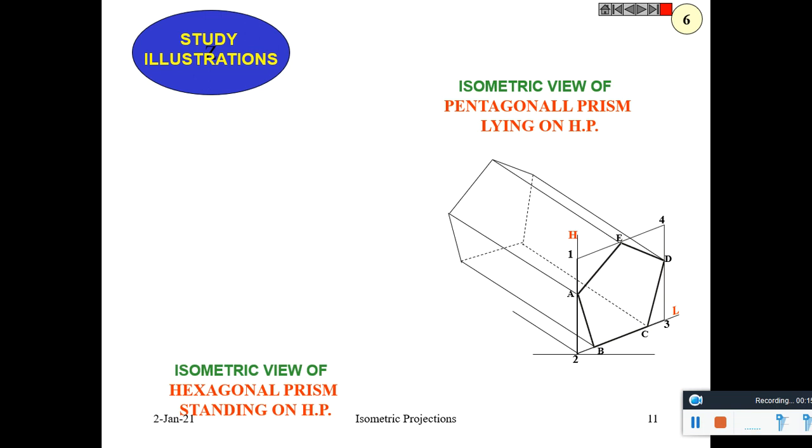Isometric view of a hexagonal prism standing on HP. For that, the top view is drawn first. Now its height is marked.